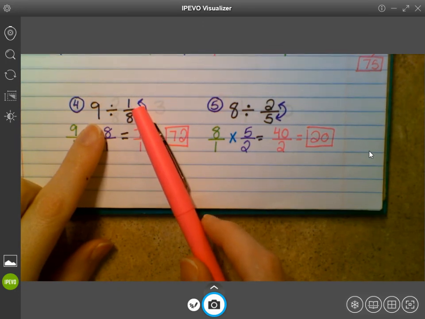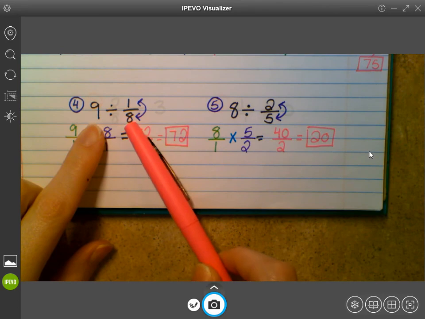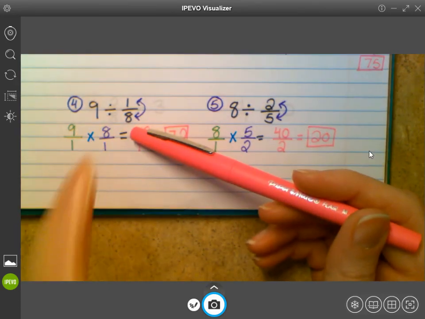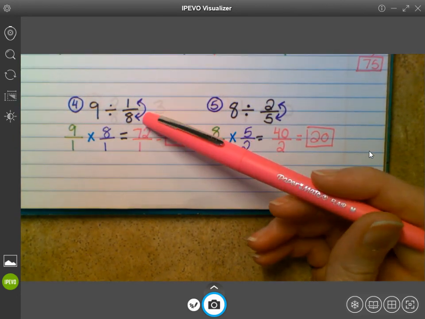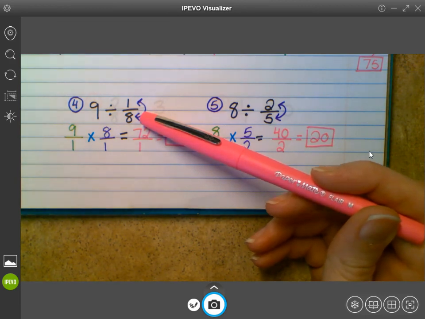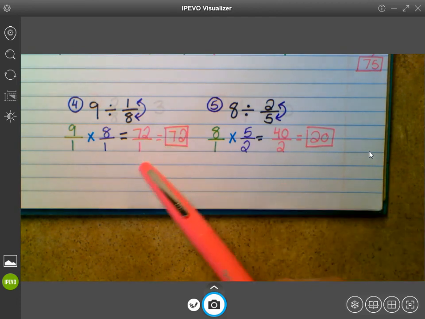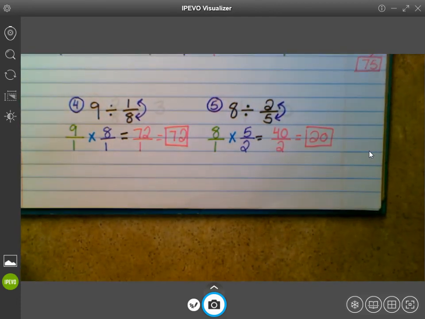So 1 out of 8 pieces. And we want to know how many times does that 1/8 piece go into 9? Well, we first need to know how many 1/8 pieces it takes to get to the whole. If it's a 1/8 piece, it would take 8 pieces to make 1 whole. So then to make 9 wholes, we would take 8 times 9 to get 72. That is why this process works. So, Will, I'm glad you asked that question.